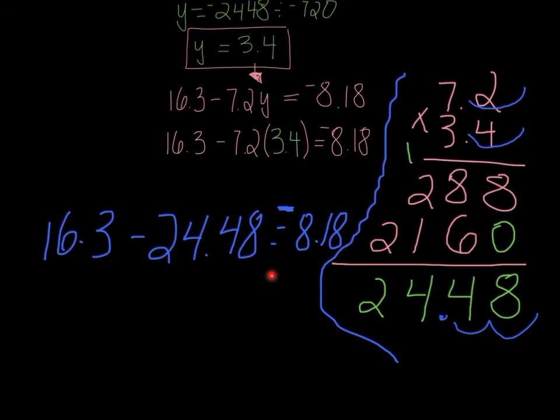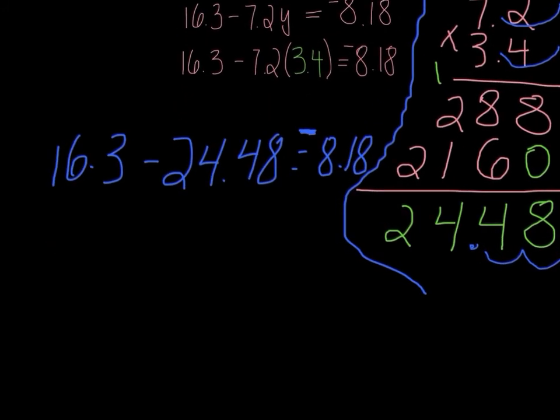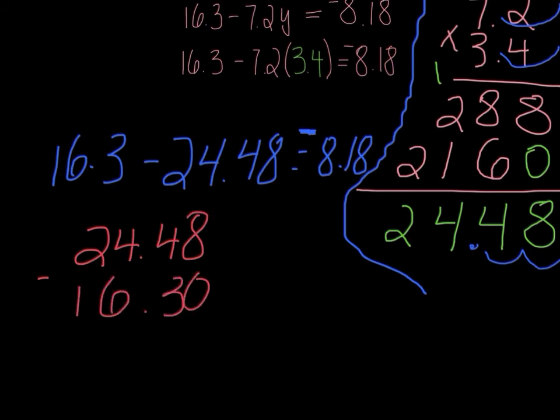To find the solution to this operation, I'm going to find the difference between the two numbers first, and then decide what sign to use. So I am going to subtract, start with 24.48 and take away 16.3, and I'm going to add in a 0.